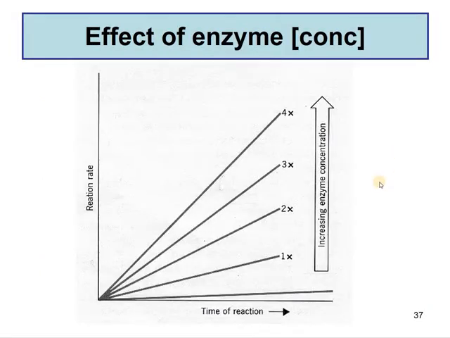Okay, and then now we come to the part whereby we're talking about the effect of increasing enzyme concentration on the chemical reaction. So when we talk about increasing enzyme concentration, we need to also note that the increase in enzyme concentration over time increases the reaction rate exponentially. And the reason for that would be, remember we mentioned that enzymes never get used up.